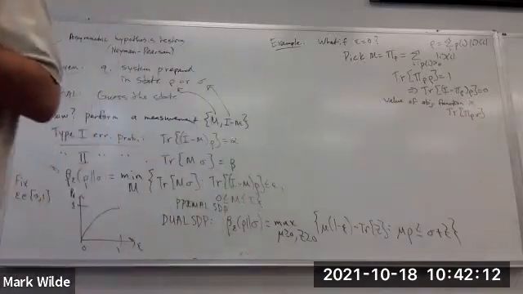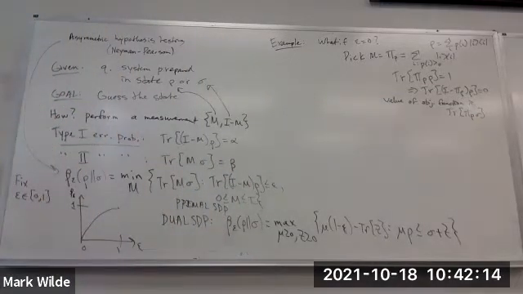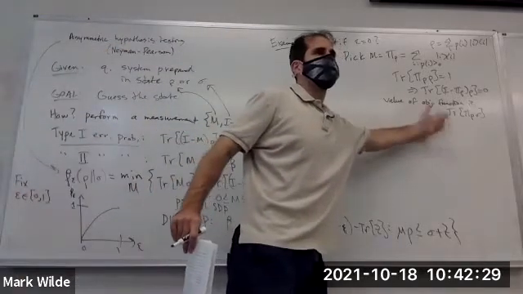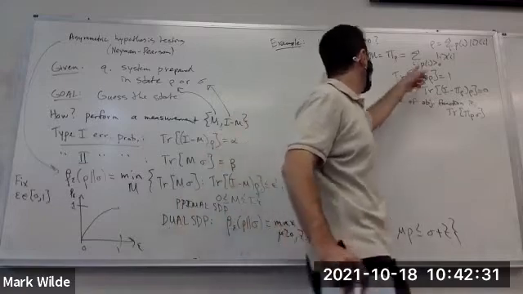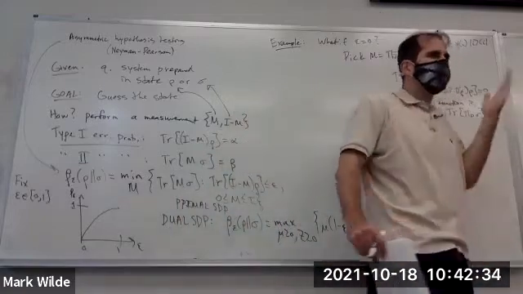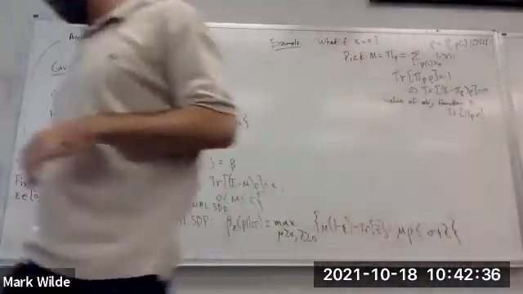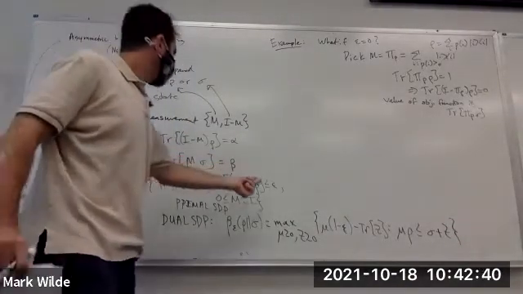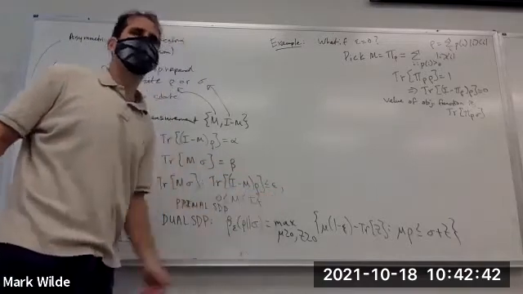So if you pick states in a random way, well, let's just say this. If rho is full rank, then this value is 1, right? Because if rho is full rank, the projection onto its support is the identity operator. But you didn't allow yourself any wiggle room for this error, right?